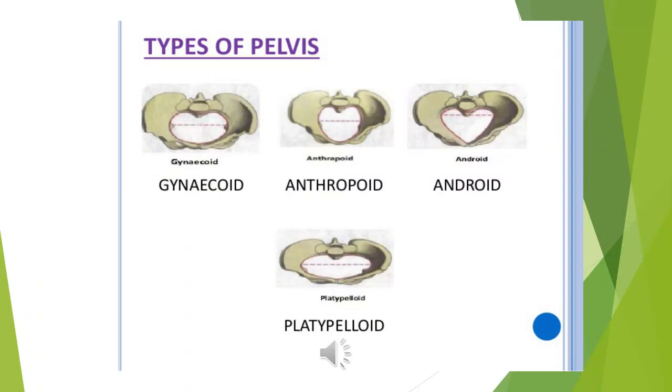According to the pelvic brim index, we can call it dolichopelvic, platypelvic, mesatipelvic, and brachypelvic. Otherwise, according to anatomical and radiological data, we can divide the pelvis into gynecoid type, anthropoid type, android type, and platypelloid type.